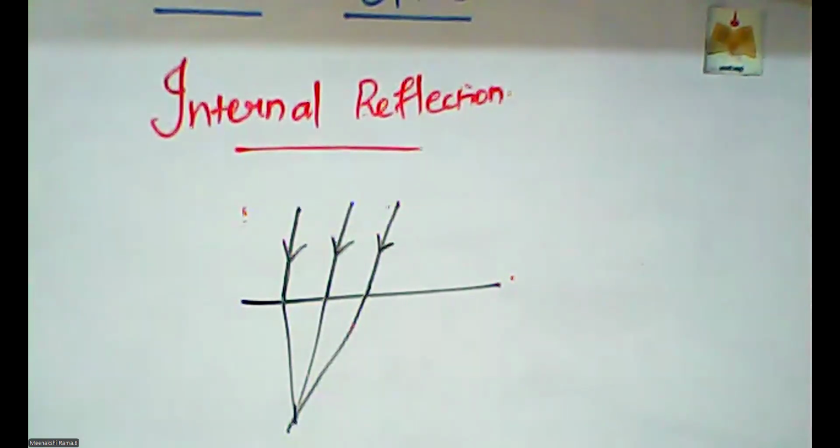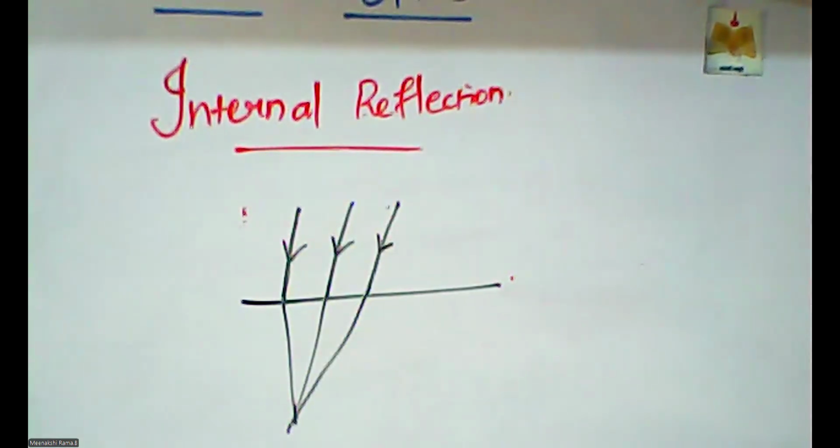When the angle of incidence exceeds the value of the critical angle, and r is 90 degrees, the total light is reflected back into the same medium. So this is called internal reflection.